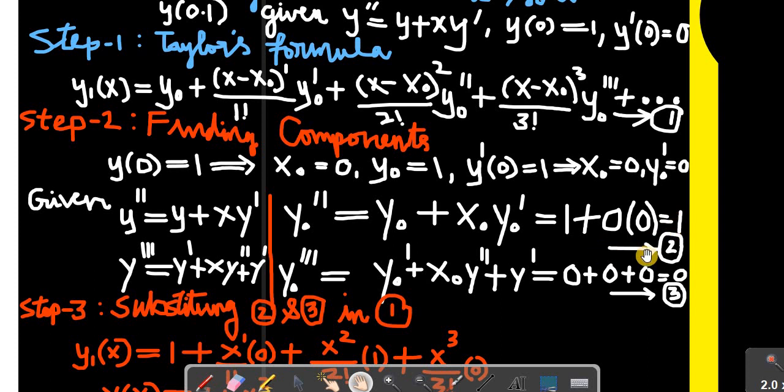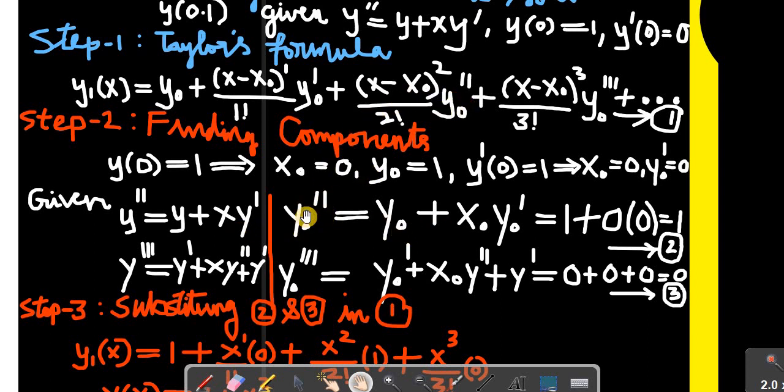This is equation number 2 I am taking. The given equation I am taking as it is. Then when x equals 0, that is when the initial value x naught equals 0, what would be the value of this particular given equation? That is what I am finding out, because I have to substitute here.